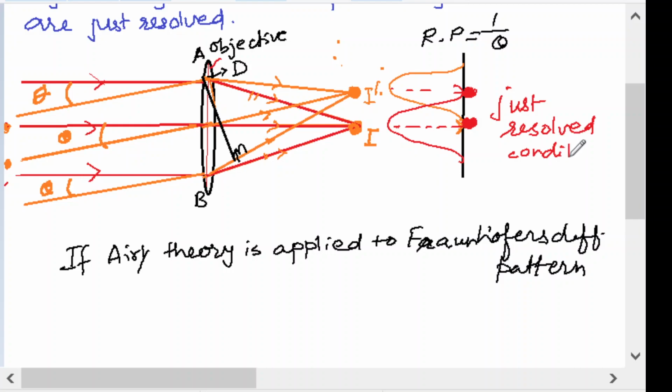Okay, so if it happens, then we are applying Airy's theory to the Fraunhofer diffraction pattern, and we will get here the path difference, and the path difference is how much?